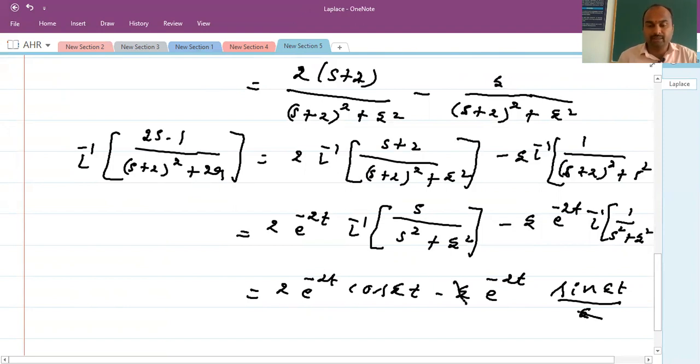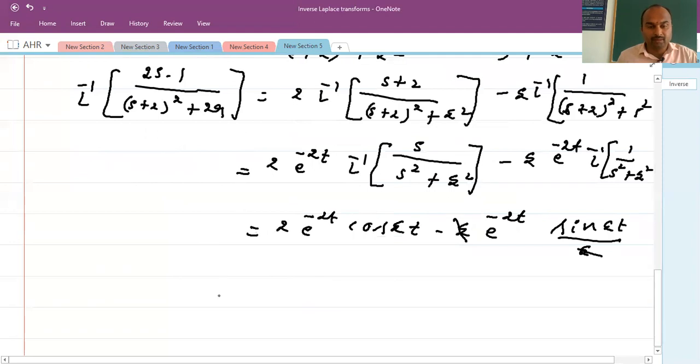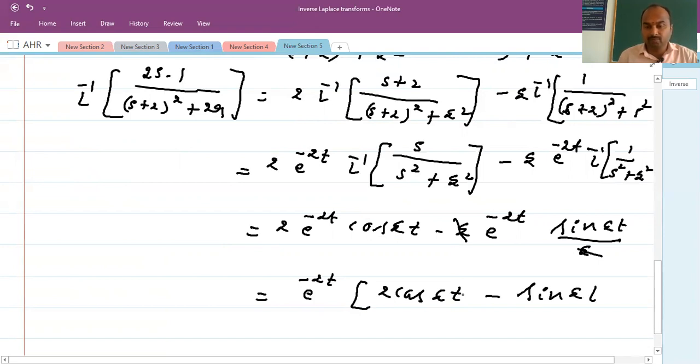So 5 gets cancelled. So I'll take e power minus 2t as common. So the remaining will be 2 cos 5t minus sin 5t. So this is about the inverse Laplace transform by completing the square.